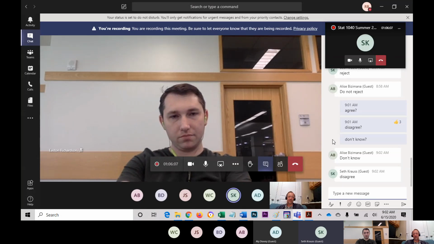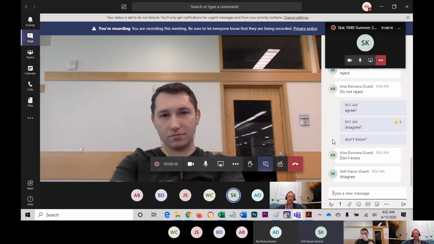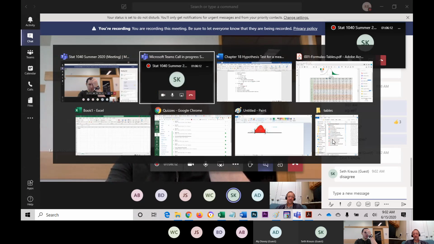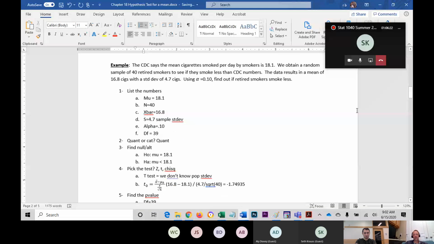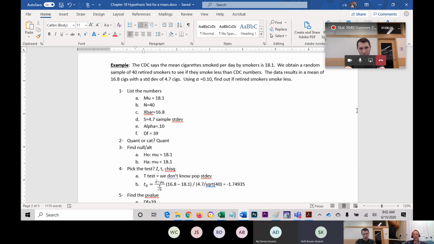I'm not 100% sure, but I'm pretty sure it's because back at the question, can we go back up to where the question is? I think that there is evidence that they do smoke less when they're retired because the p-value is less than alpha.